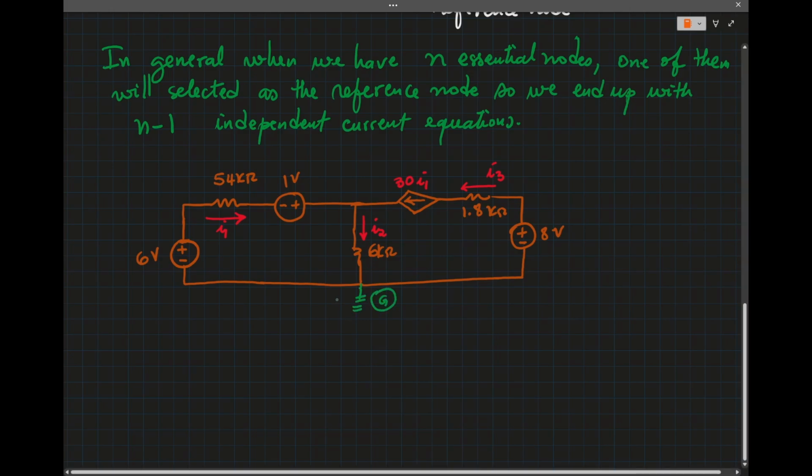The voltage there is 0 volt. Then we have A, which is the other node. So let us write KCL at node A.